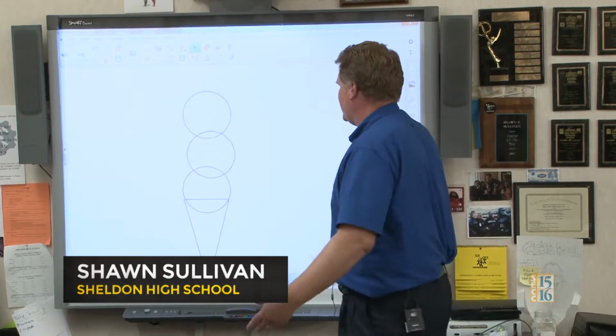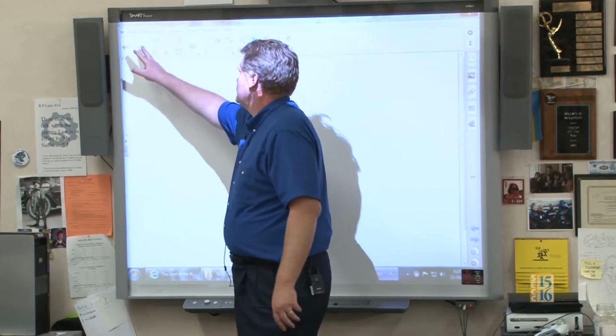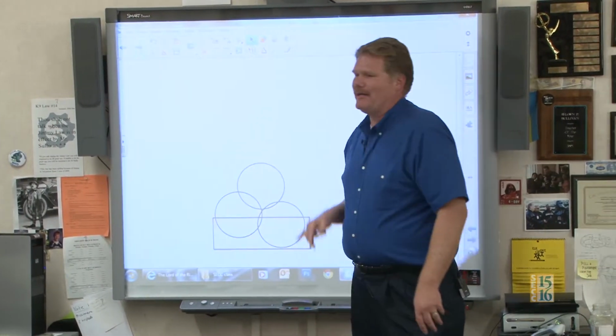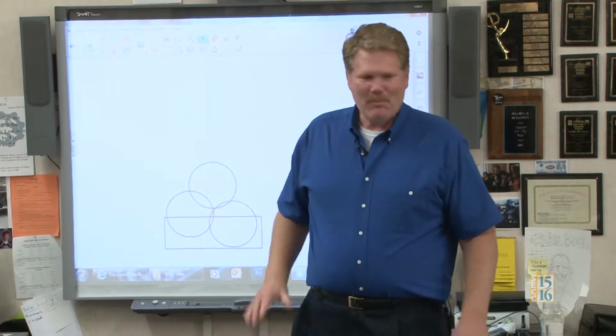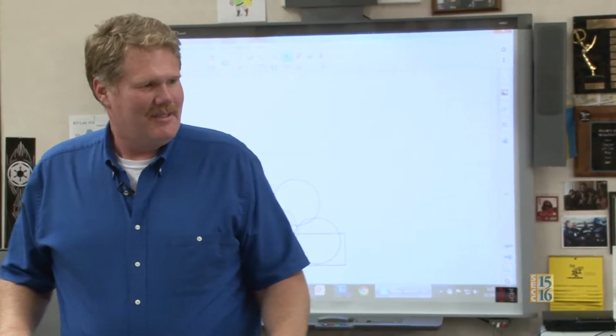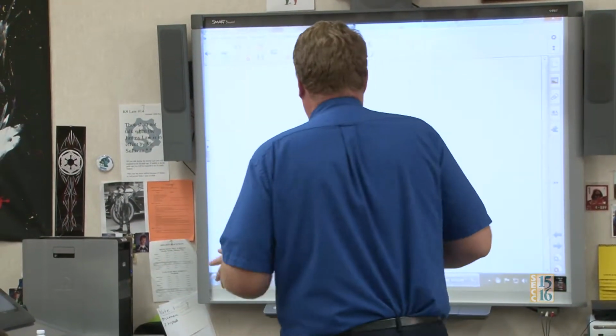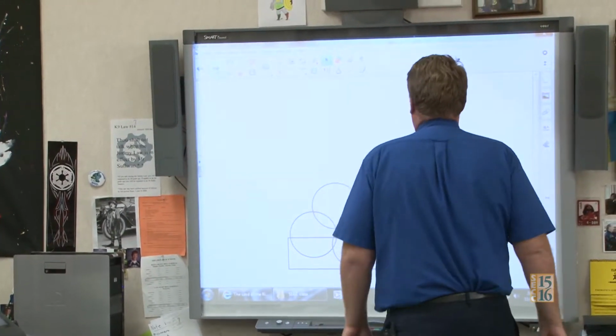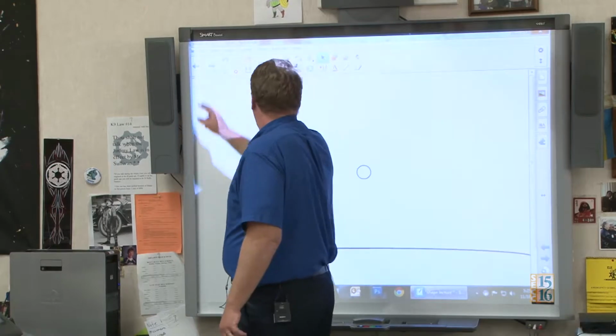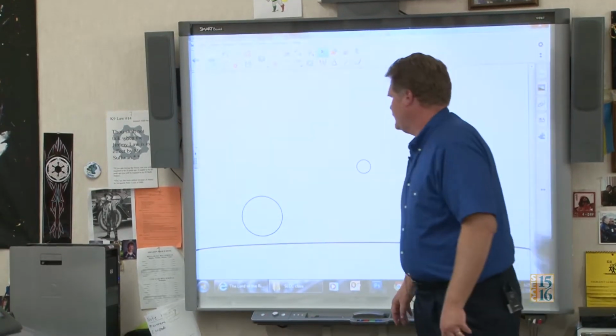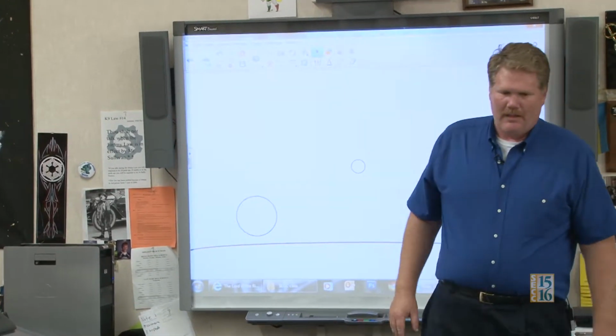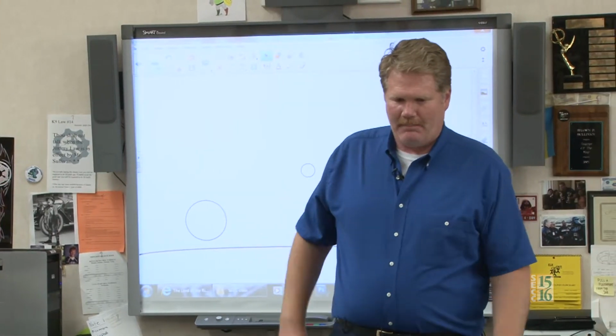The danger's coming just because of that cone. It's much better to be in a cup. It's more dependable. We can have 3 scoops in a cup, not on a cone. That's bad.